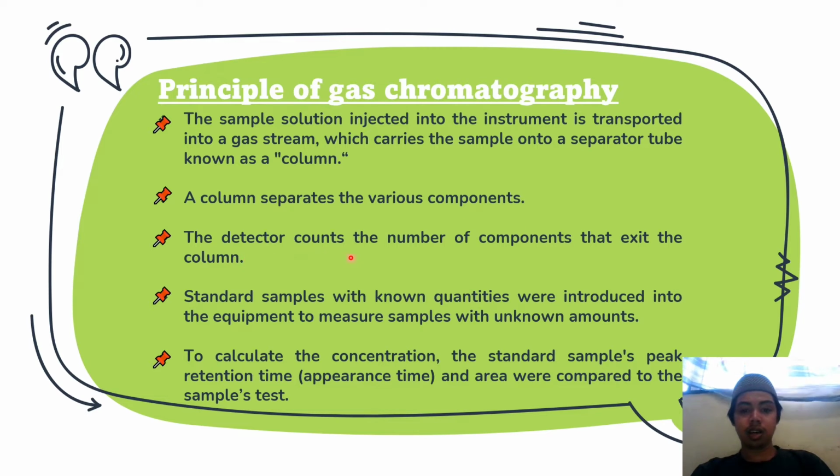The detector counts the number of components that exit the column. Standard samples with known quantities are introduced into the equipment to measure samples with unknown amounts. And to calculate the concentration, the standard sample peak, retention times and area are compared to the sample test.